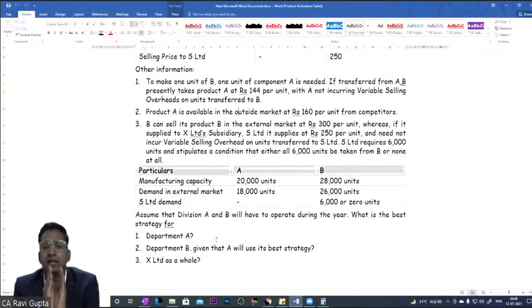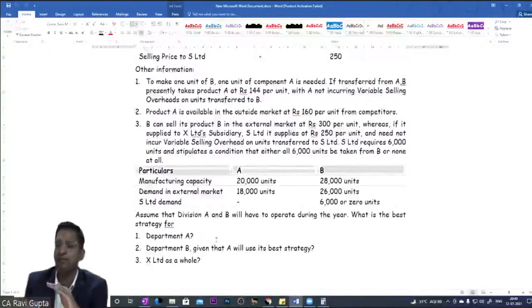We count how many alternatives we have, and in each option what our outcome, profitability, or contribution is. On that basis we will decide that this will be our best strategy.